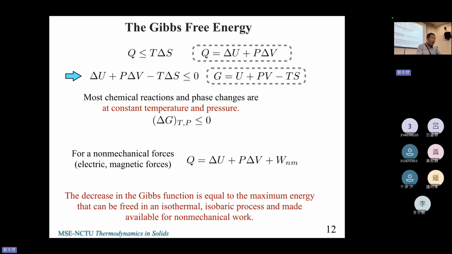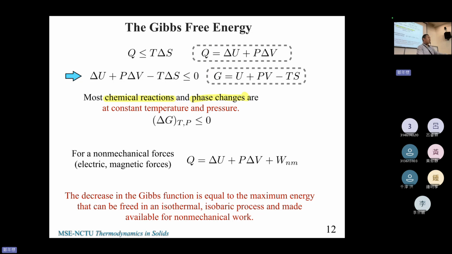Then we define G as U plus PV minus TS. This is the definition of G. You see that most chemical reactions and phase changes happen at constant temperature and pressure. Most experimental procedures are chemical reactions and phase changes, right?